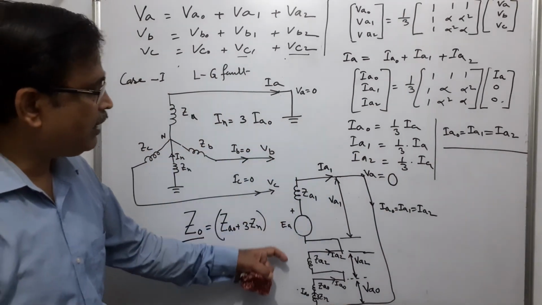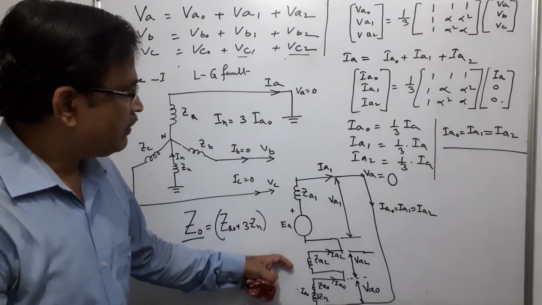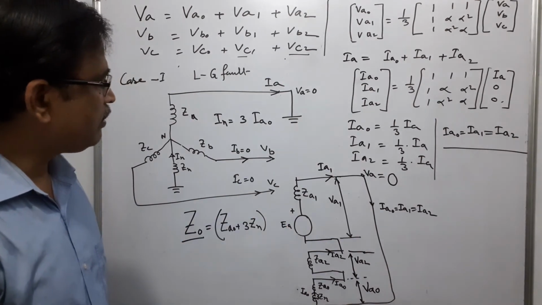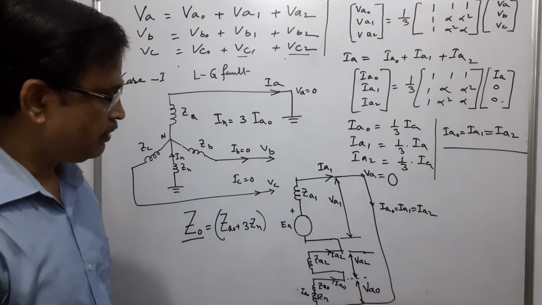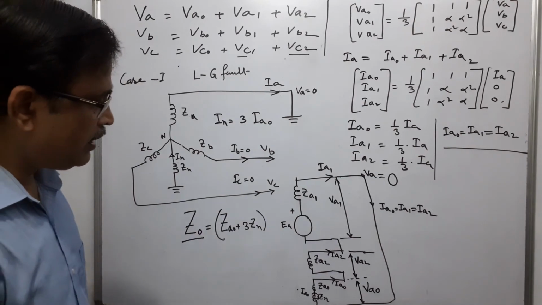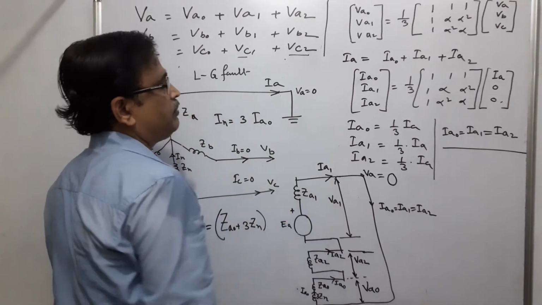So these three are the three sequence networks of the circuit.